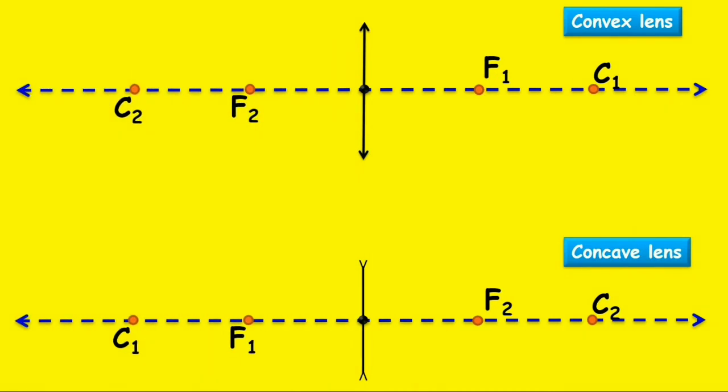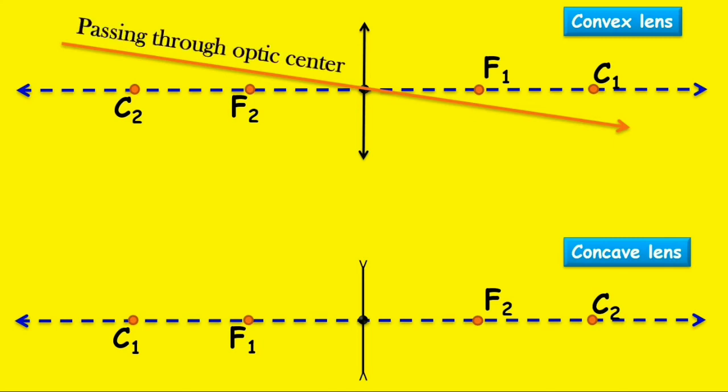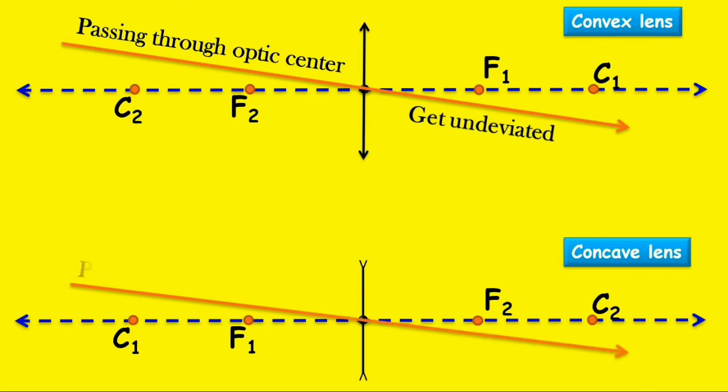Coming to situation 2, we have taken the rays which are passing through the optic center. Consider a convex lens and a ray passing through the optic center; it goes on straight without any deviation. For the concave lens also, a ray passing through the optic center will be undeviated.